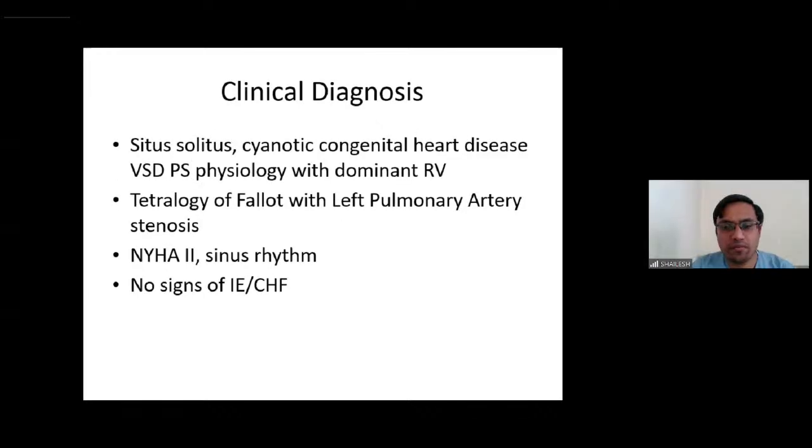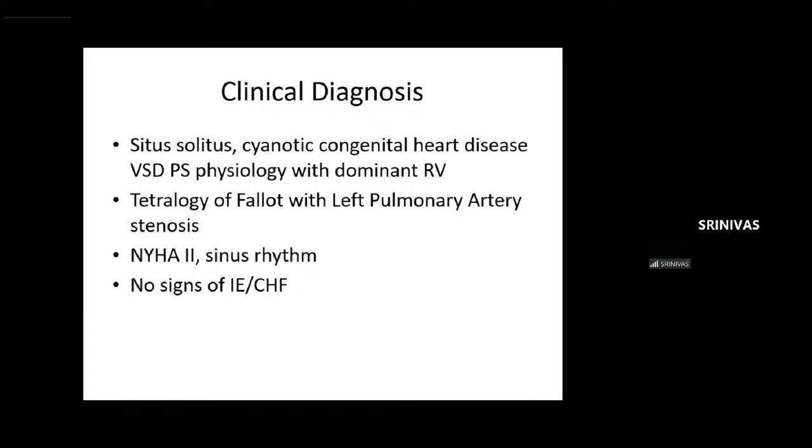What is your differential diagnosis for this? So the clinical diagnosis based on the history and examination is situs solitus, cyanotic congenital heart disease, VSD PS physiology with dominant RV, most likely tetralogy of Fallot with left pulmonary artery stenosis, and patient is in NYHA class 2 in sinus rhythm with no signs of infective endocarditis or congestive heart failure.